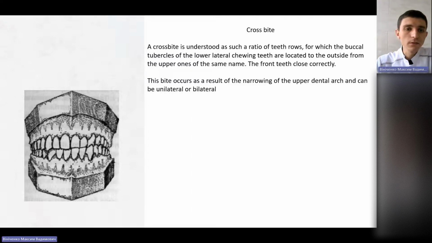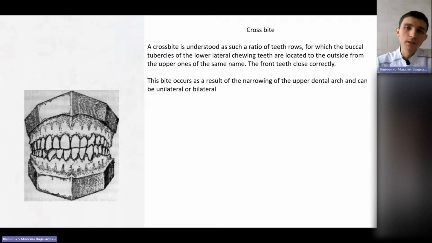As you understand that, for example, the dental arch, this is maxilla, this is mandibular. There is a normal. And if we talk about the crossbite, or scissors bite, on one side it has a normal ratio between the upper dental arch and the mandibular dental arch, and on the other side the upper dental arch is narrowed.